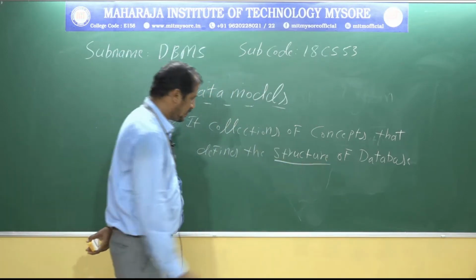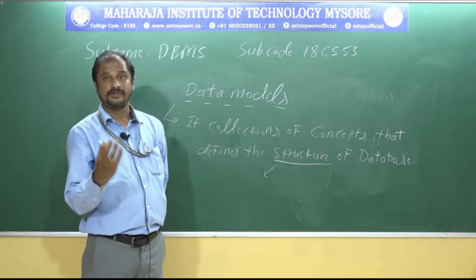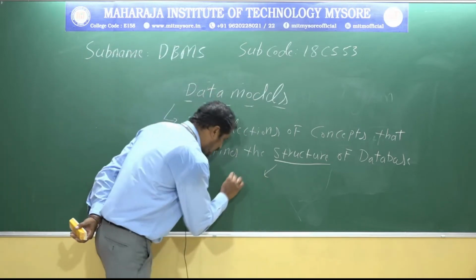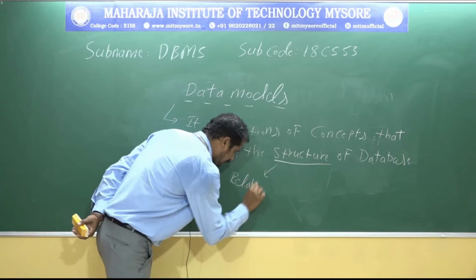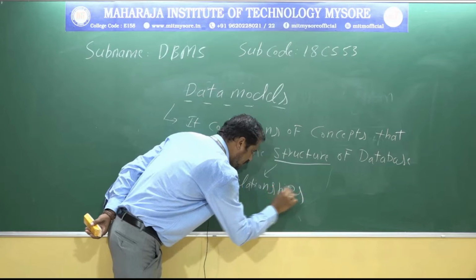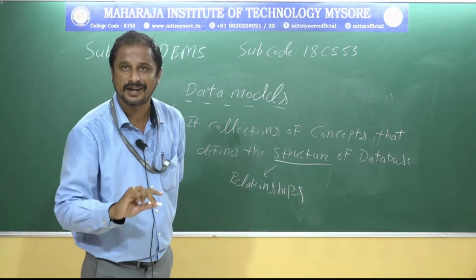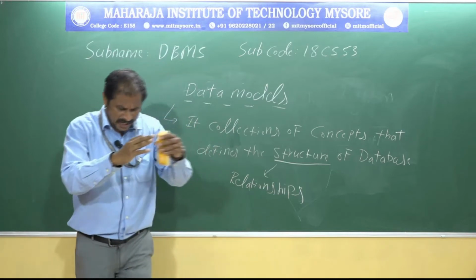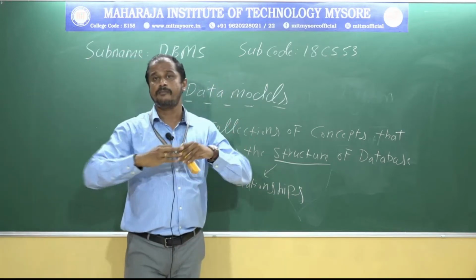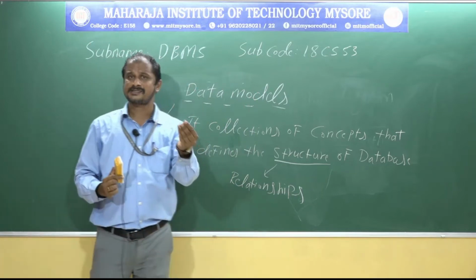When you talk about structure, you must define the relationships between the tables. When you build a database, like a bank database, the bank has branches.